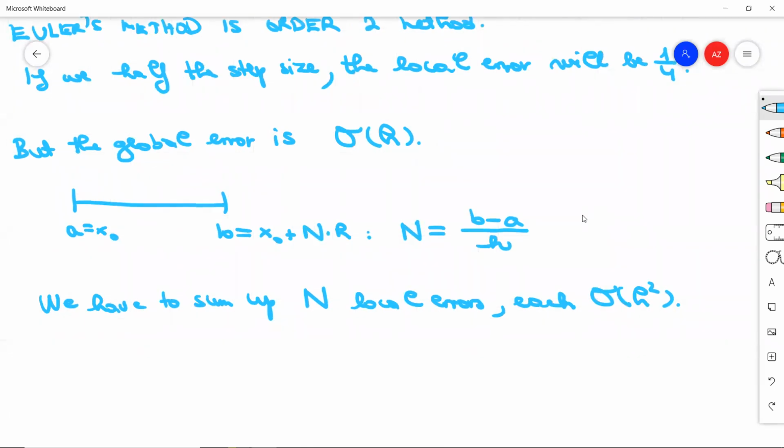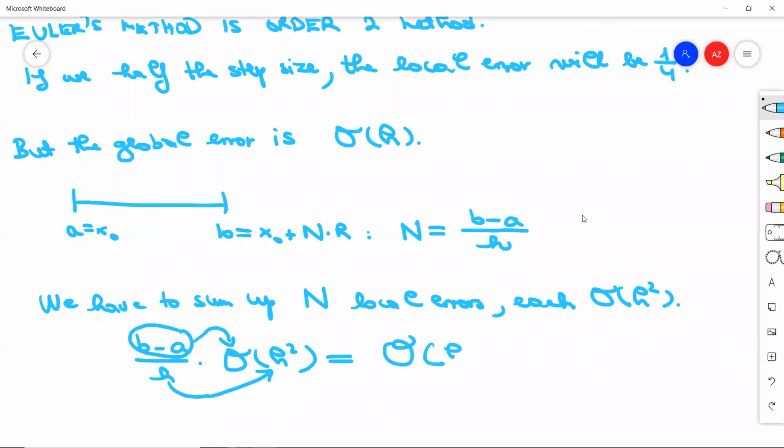So altogether we have (b minus a) over h times O of h squared. So this b minus a is a constant which can be absorbed in this capital O, because capital O only says that the error is some constant times h squared. So this b minus a is absorbed in this capital O, and this h from the denominator can be multiplied by h squared. So the global error is then capital O of h.